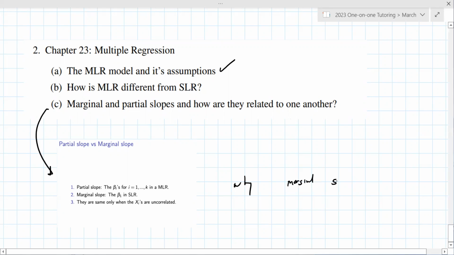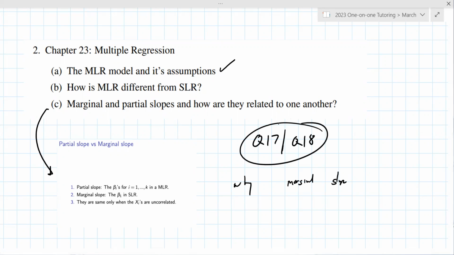Do you have the question number? Yeah, so it's 17 and 18. Let me just put that down to refer to. Okay, yeah, that I can all ask.